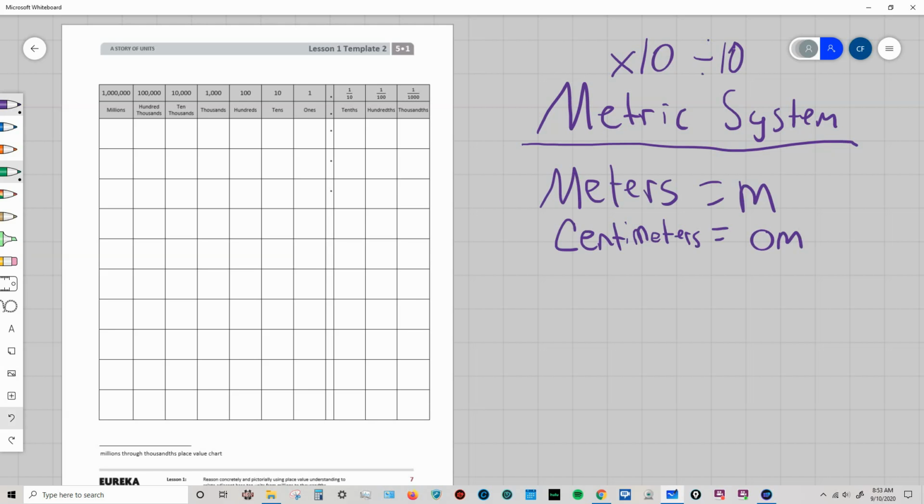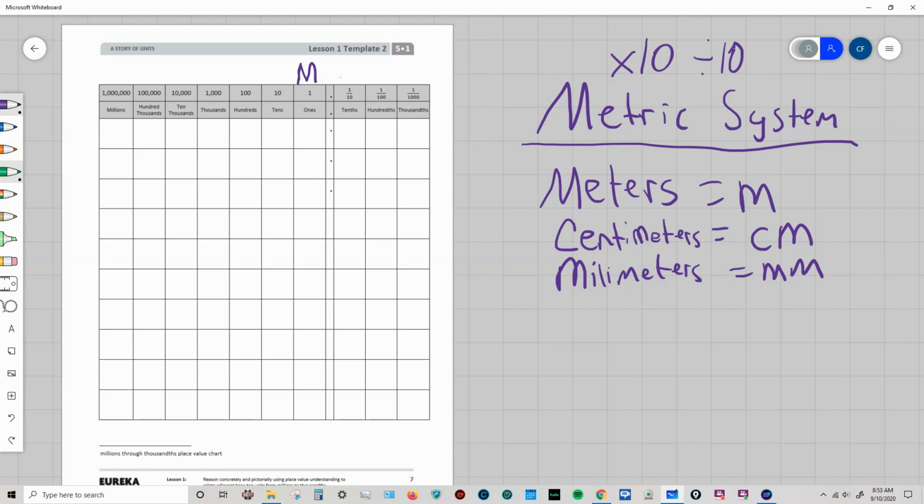And finally, we have millimeters with the abbreviation mm. Okay, so what you want to think about is really our meters are our ones. That is our whole. You can compare a meter to a dollar to make you understand it a little better.